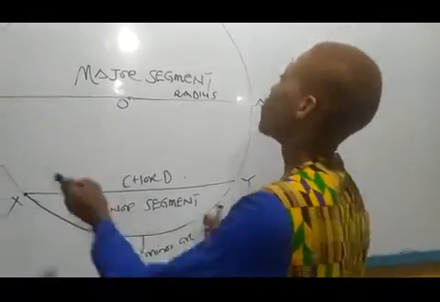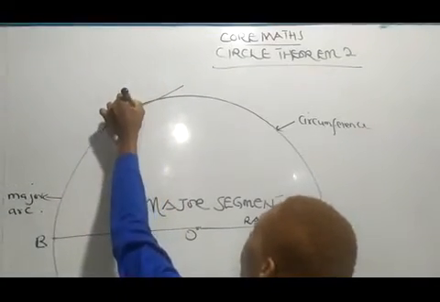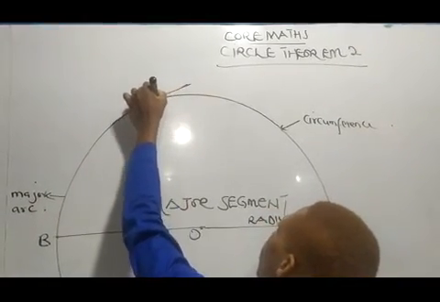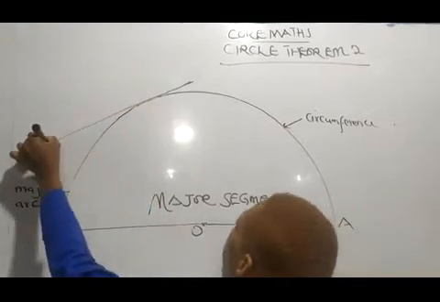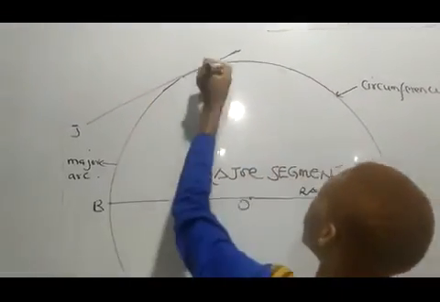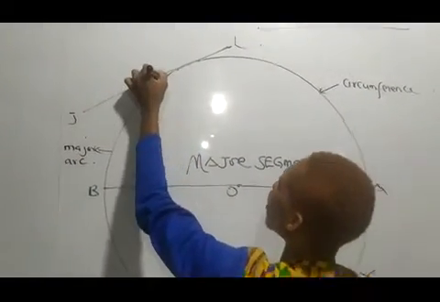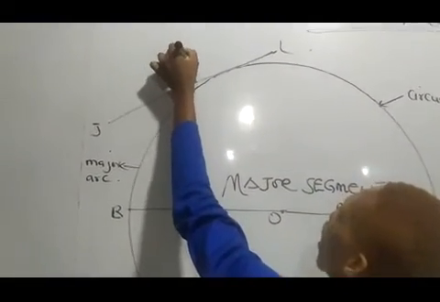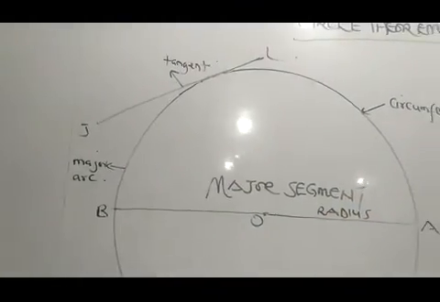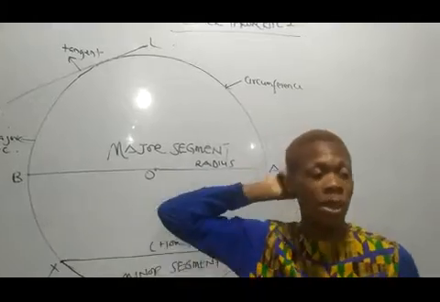So if you see a line like this, this line JL, then the name for the line JL here is tangent. JL is a tangent. It is a tangent because it is touching the circumference of the circle.